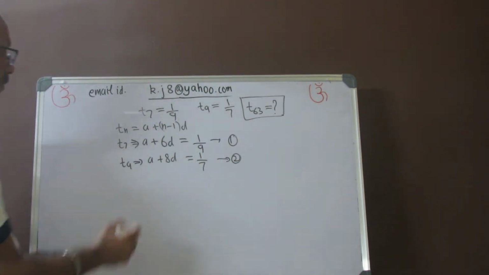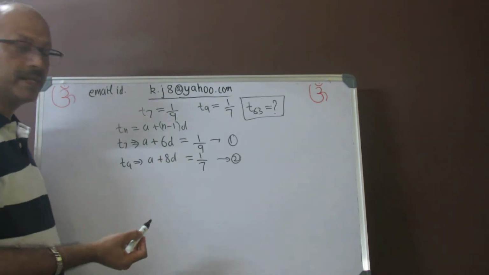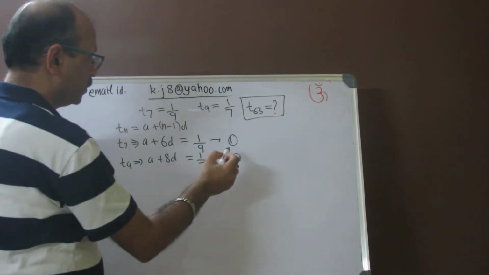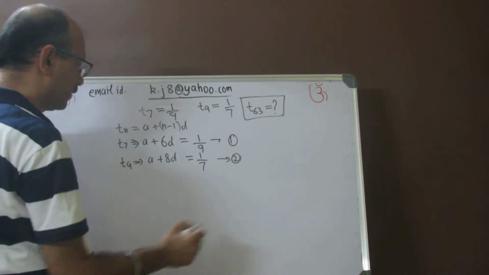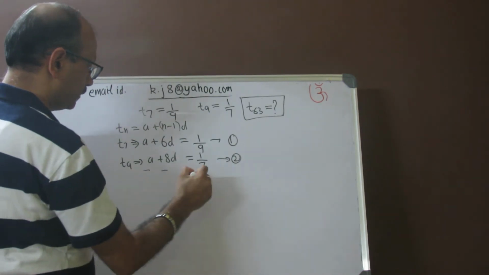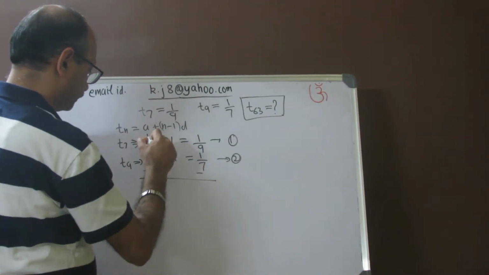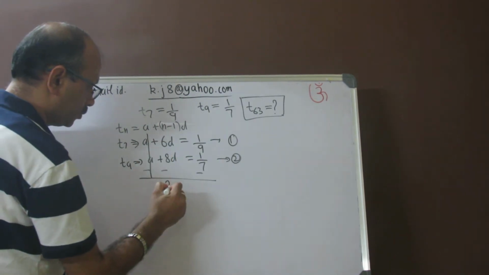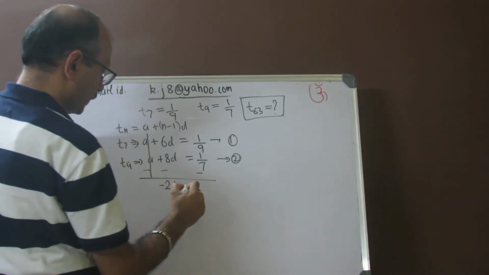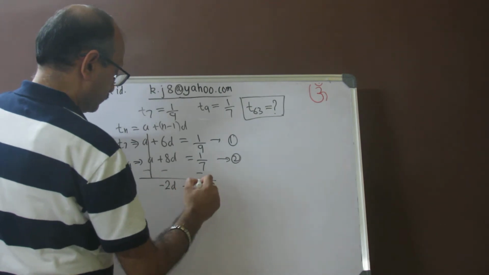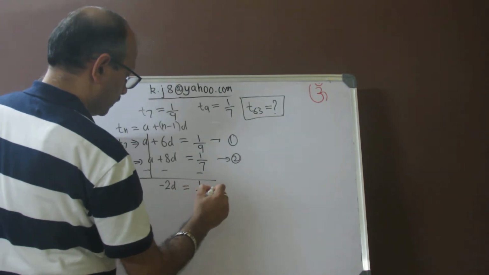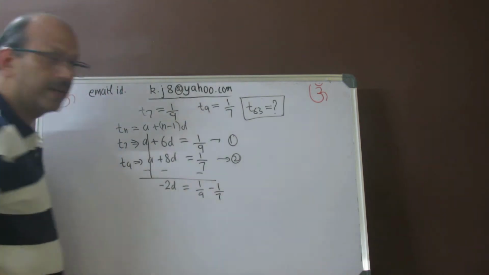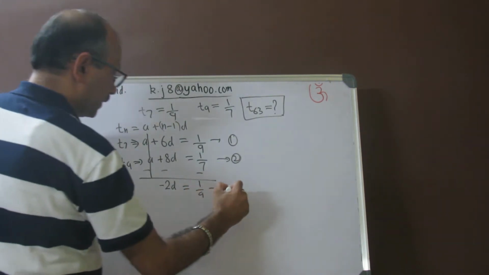Now these are two simultaneous equations. What will we do? We'll subtract equation 2 from equation 1. So you get 6 minus 8, minus 2d, equals 1 by 9 minus 1 by 7. Simply take the LCM.